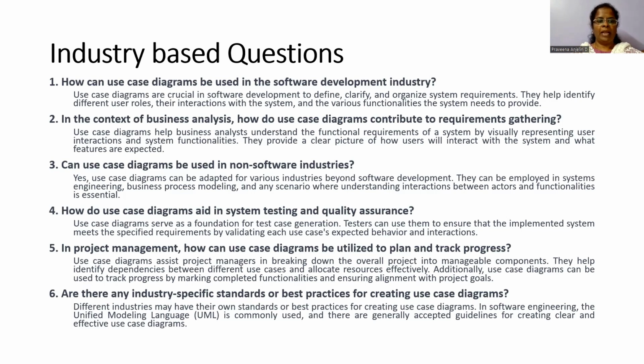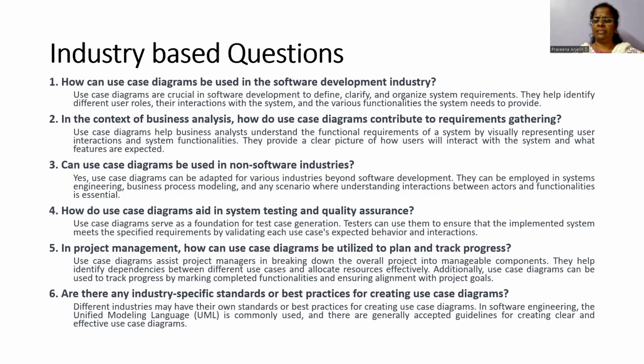They help identify dependencies between different use cases. Suppose, for example, we are having 4 or 5 modules in a project, right? Each and every module is related to the others. Suppose, for example, if I develop module 1, then only module 2 can be developed. If I develop module 3, then only module 5 can be developed.